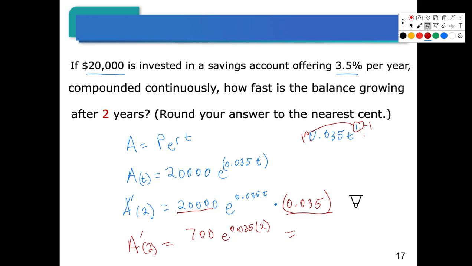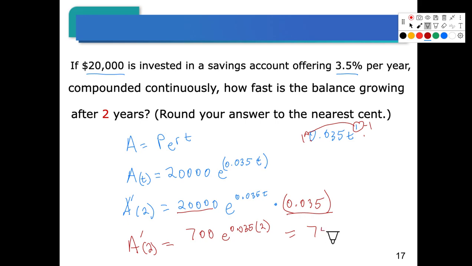So this is 700 e to the 0.35 times 2 power, times 700. 750.76 if you round it.